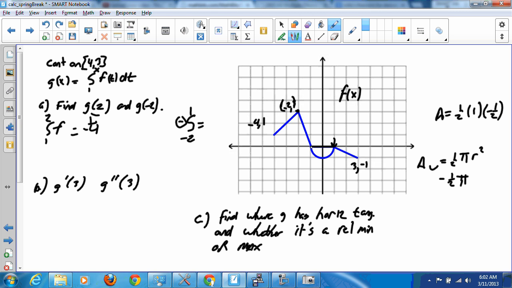And then going from this negative 1 to this negative 2, it's a triangle. It's positive area. So it's 1/2 base times height. Base is 1, and the height looks like 3. So that would equal positive 3/2.